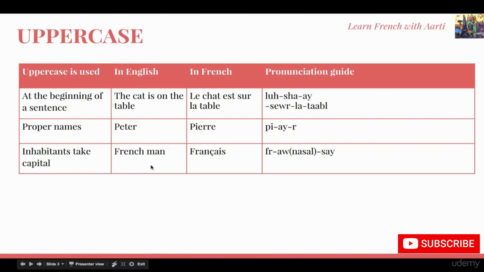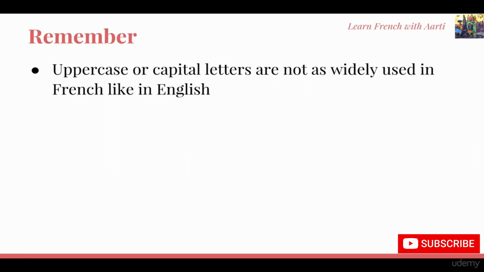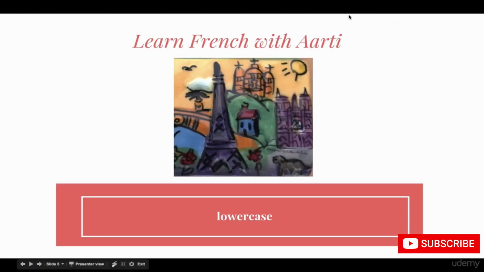Inhabitants take capital, like in Français, which is the Frenchman, or Française, which is French woman. Uppercase or capital letters are not as widely used in French as in English.